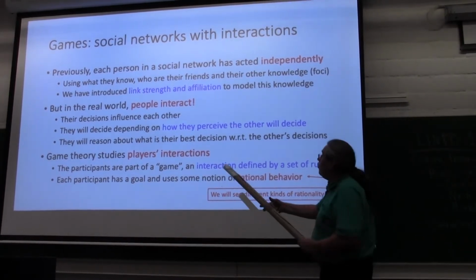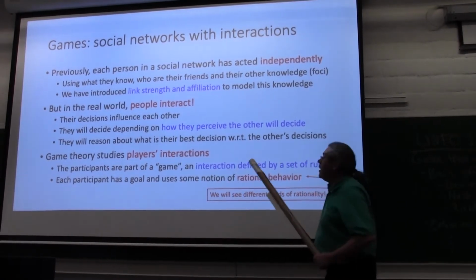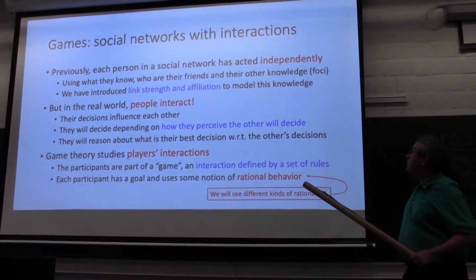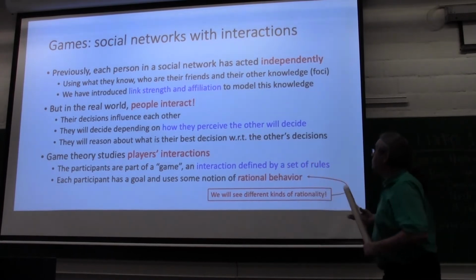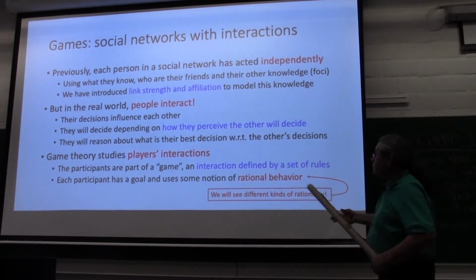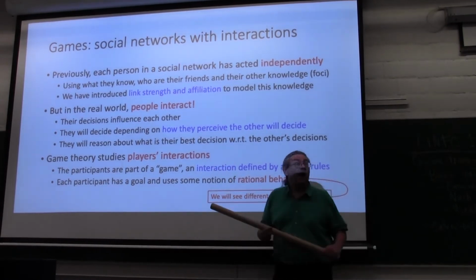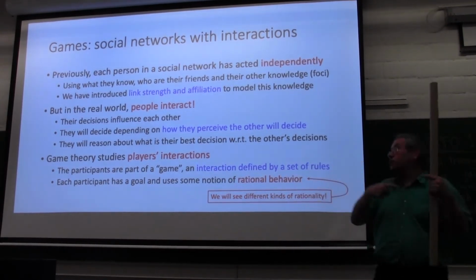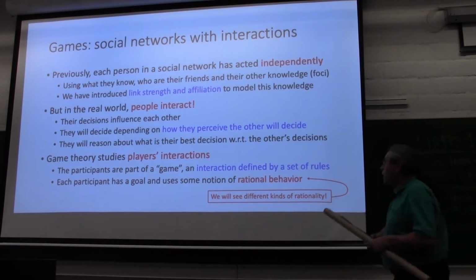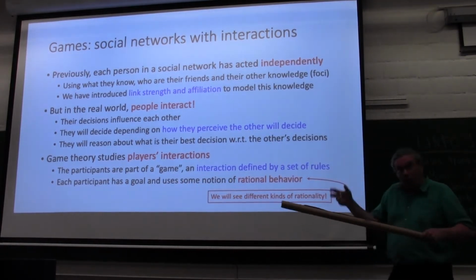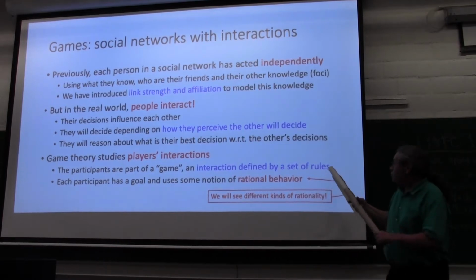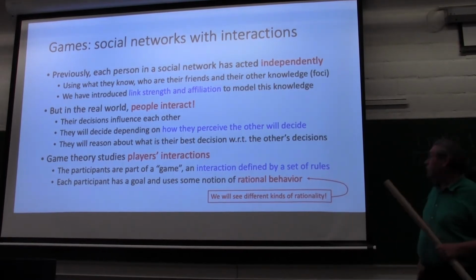And people will make decisions and try to get some kind of benefit, something good for them, and they will try to figure out how the other person will decide. So game theory studies that, how players' decisions affect each other. And the participants are part of a game. So a game is like a well-defined interaction, so there's rules there.